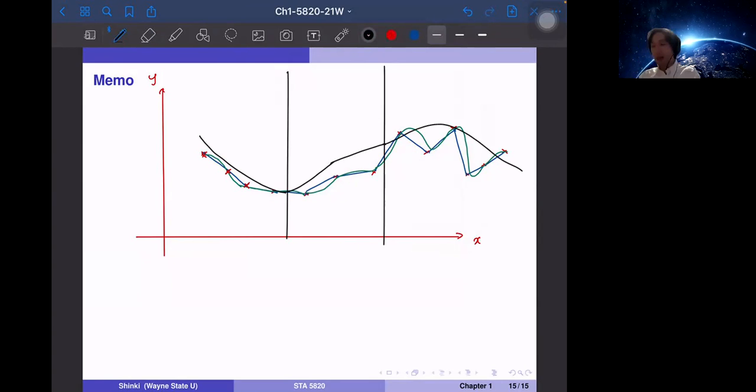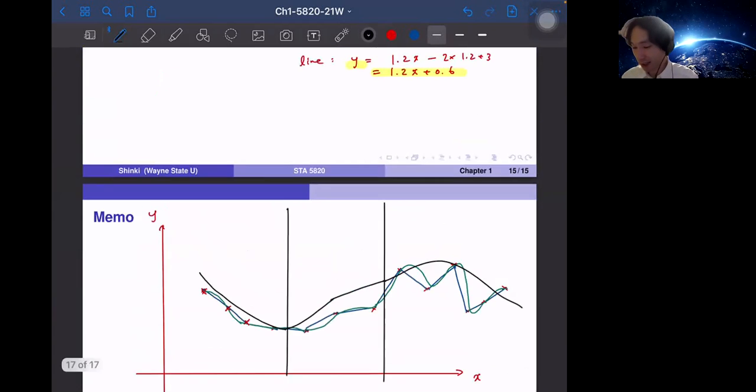So we can balance between flexibility and the fit to the data. So this is the spline. The basic idea is piecewise linear, but we make it smoother, such as a piecewise quadratic function, piecewise cubic function, and so on. And not piecewise at each interval, but piecewise in 3 intervals or something. So this is the idea of the spline.